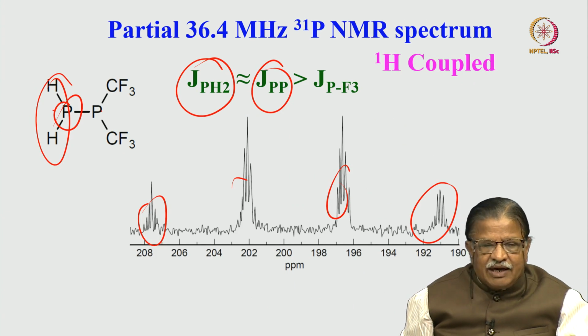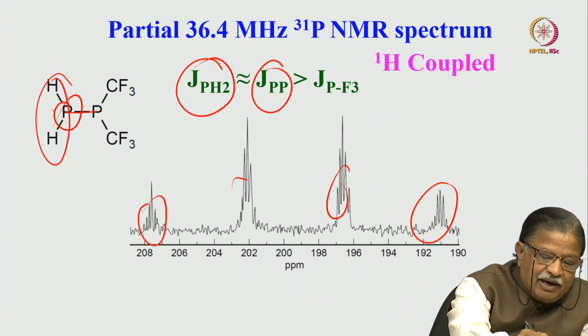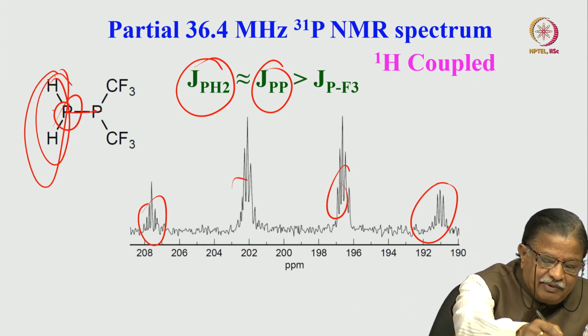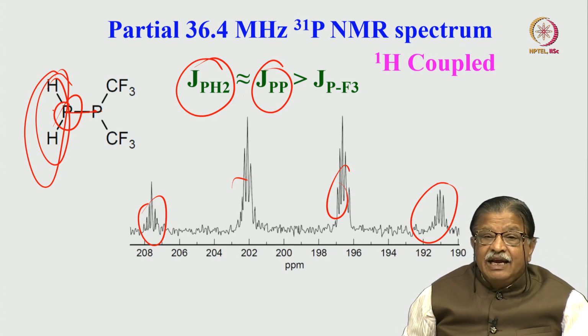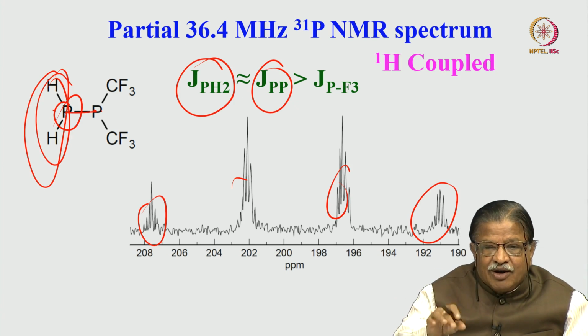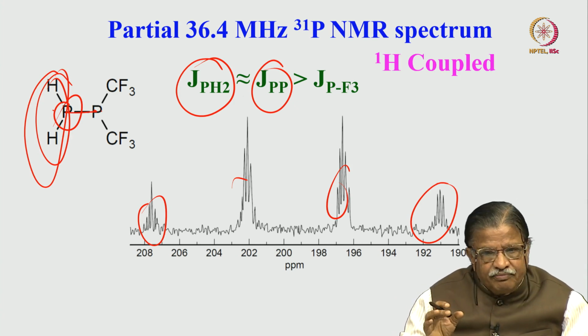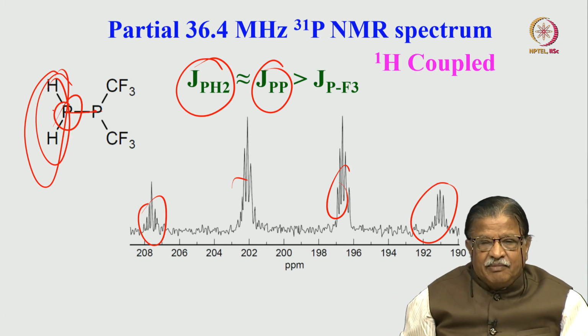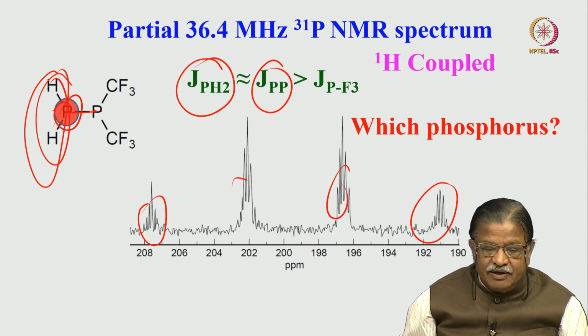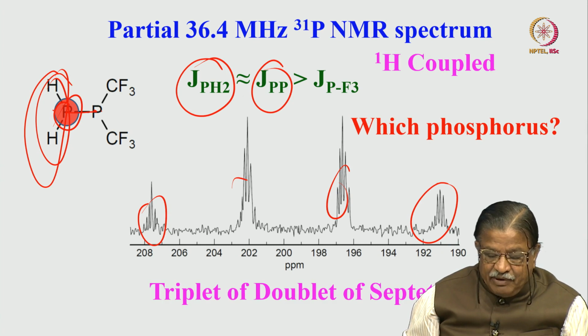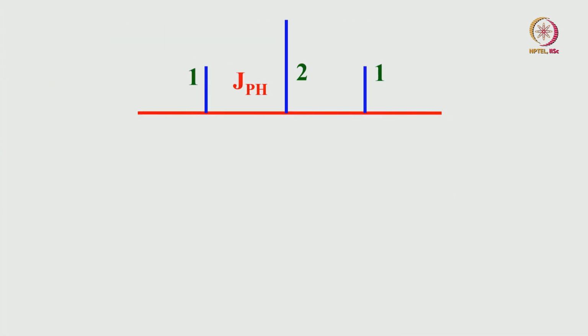As a consequence, what happens? One will be a doublet and each line of the doublet will be a triplet. Then it can overlap and give us a quartet. How? Remember when we understood the multiplicity pattern, we discussed this at length. Look at this one. This phosphorus is a triplet of doublet of septet. Why do we get this one?